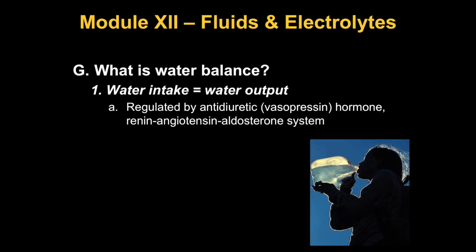Now, the major difference between these two is that the renin-angiotensin-aldosterone system utilizes sodium ions as a way of regulating fluid balance, whereas antidiuretic hormone or vasopressin does not rely on sodium. So it's a sodium-independent mechanism versus the renin-angiotensin-aldosterone system, which is a sodium-dependent mechanism.